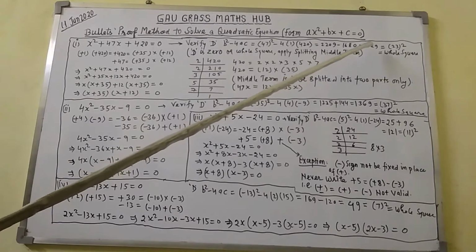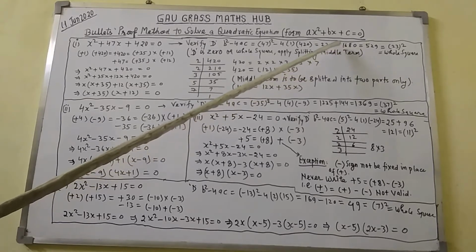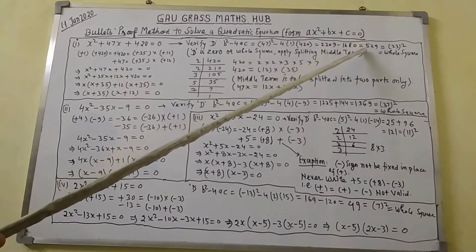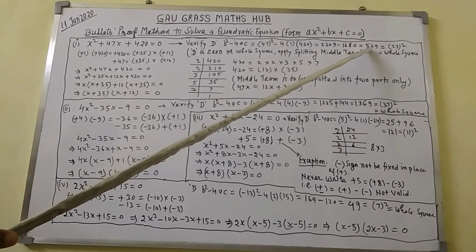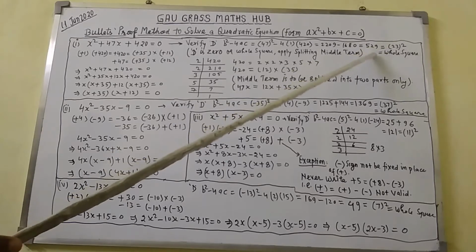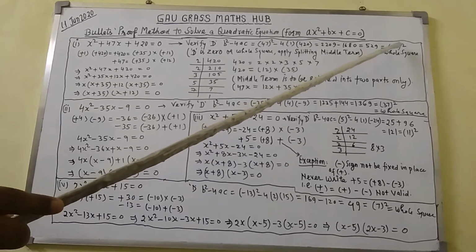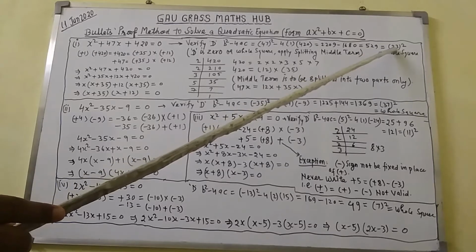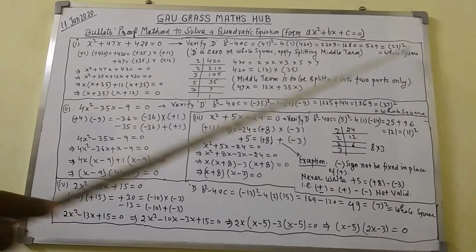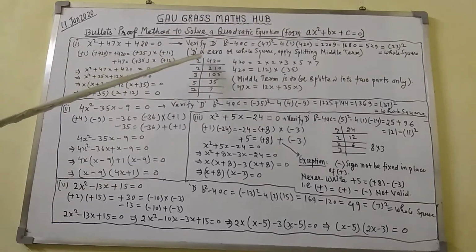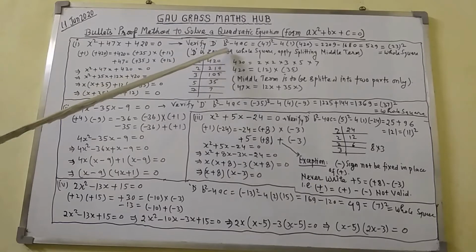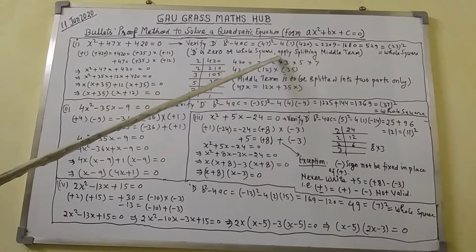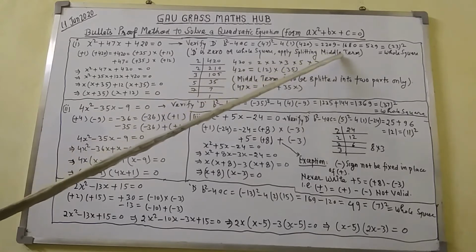Do the subtraction operation here and you will get 529. 529 itself is the whole square of 23, that is a whole square. Since you can see the determinant D is a whole square, then apply splitting the middle term.